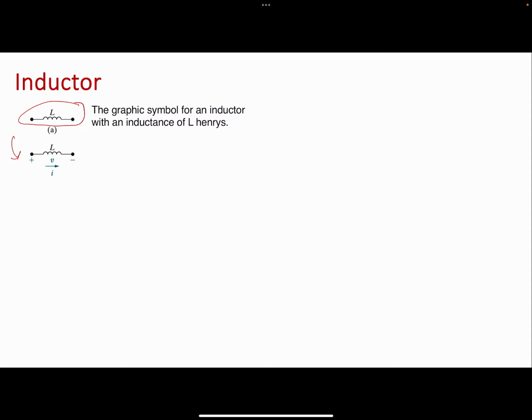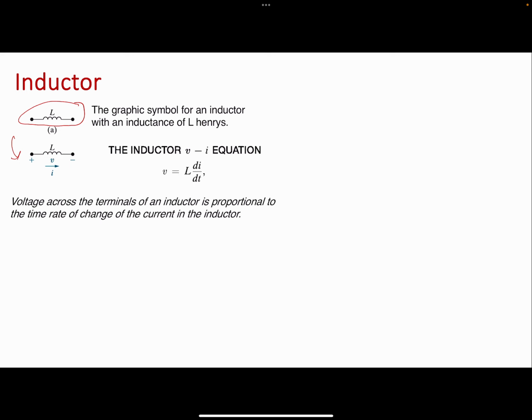So let's talk a little bit more about the inductor. Here is the symbol of an inductor, which you should know from the previous course, and here are the terminal VI characteristics of the inductor, right? And you already know that this is the VI equation of an inductor.